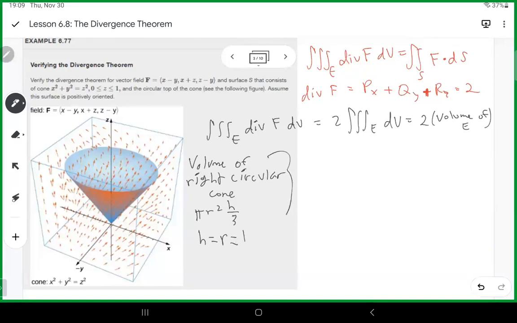So what this little piece tells us is, 2 times the volume would just equal 2 pi over 3.